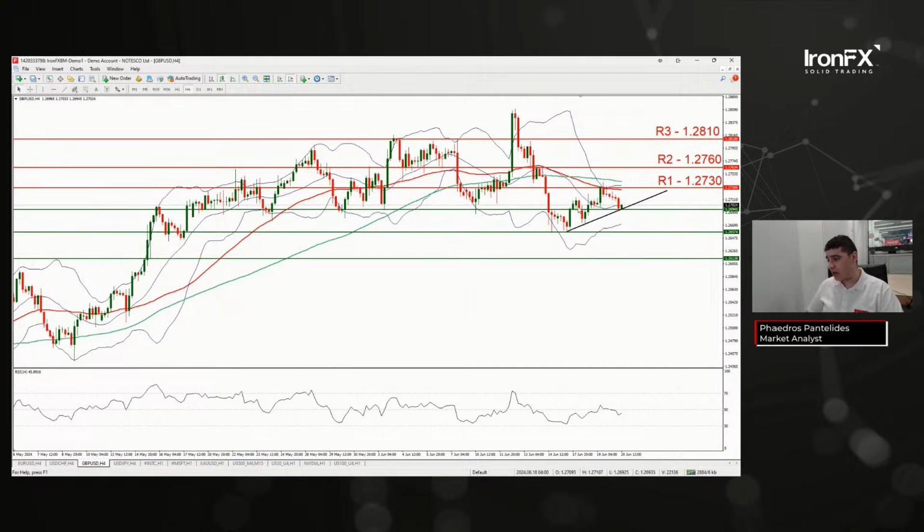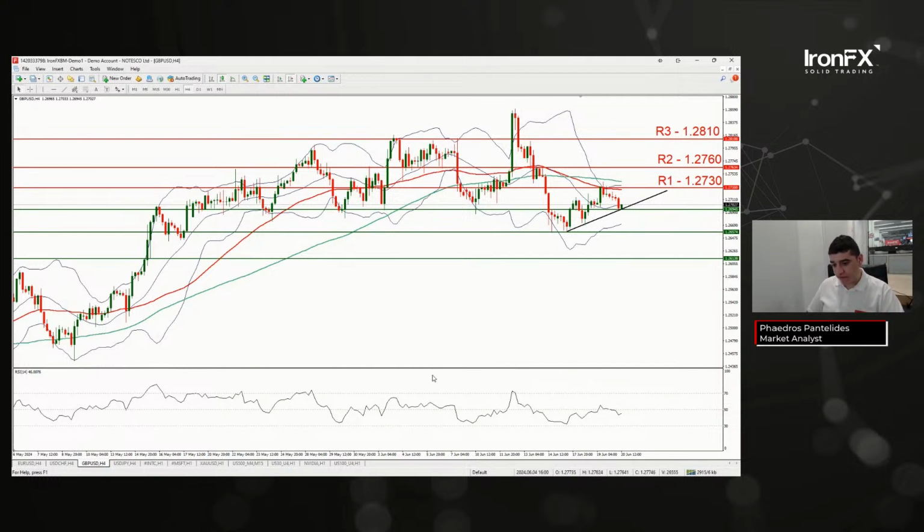You have a higher high, higher low, higher high, and this could be a new higher low. Therefore, from a more macro perspective, we could maintain a bullish outlook for the British pound as long as it stays above the upward moving trend line and our S1 support line. If it manages to break below the S1 line, we would switch immediately to a bearish outlook, taking aim for S2.